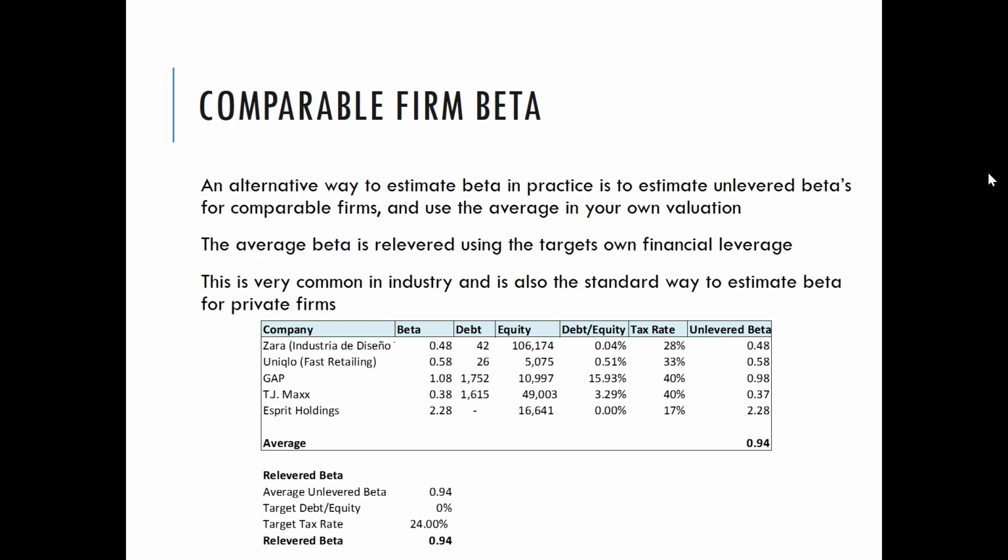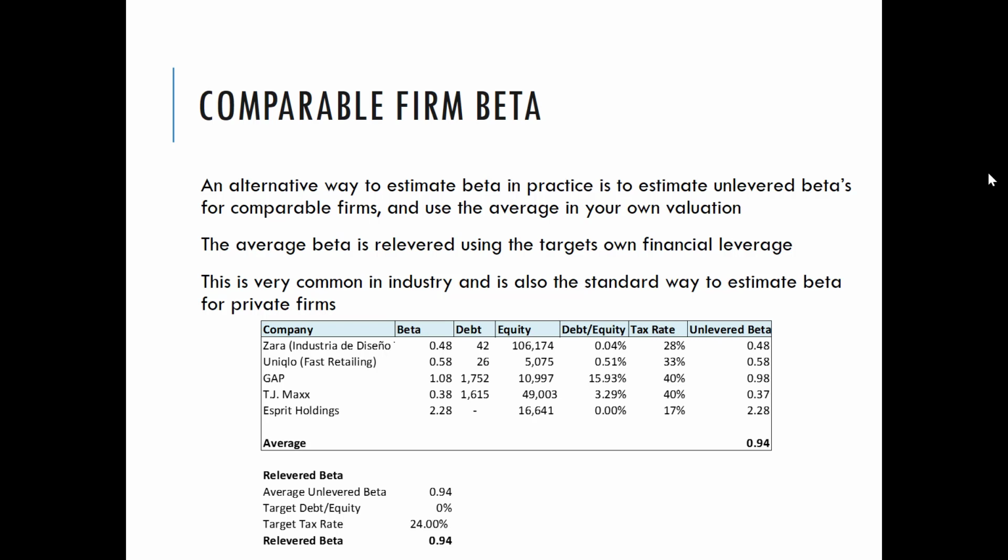So for example, for Gap, their regression beta is 1.08, but this one is biased upwards because they hold financial leverage, because they have some financial debt. If you unlever this beta, you see that it's only 0.98 without any form of debt.